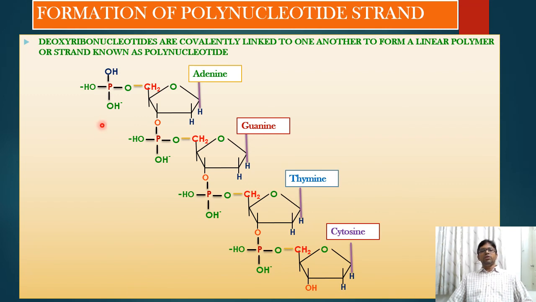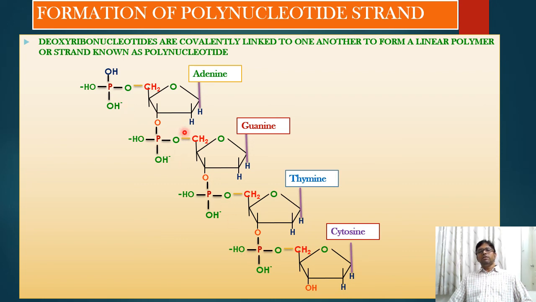Here you can see in the picture, this is the nucleotide deoxyadenylic acid, and this is another nucleotide, deoxyguanylic acid. And this one is another nucleotide, deoxythymidylic acid. And this one is deoxycytidylic acid.